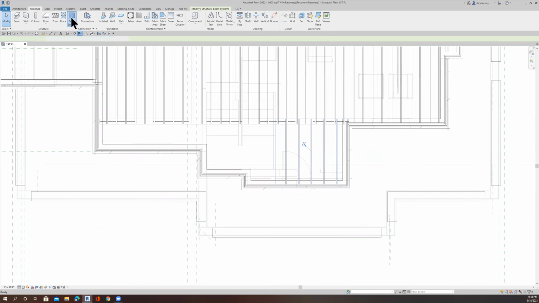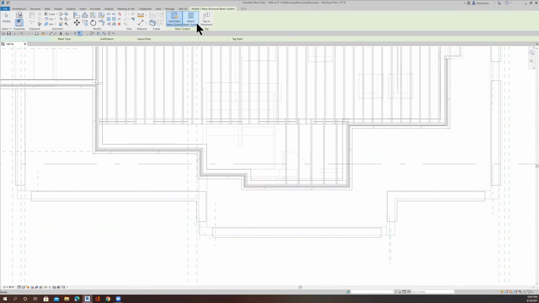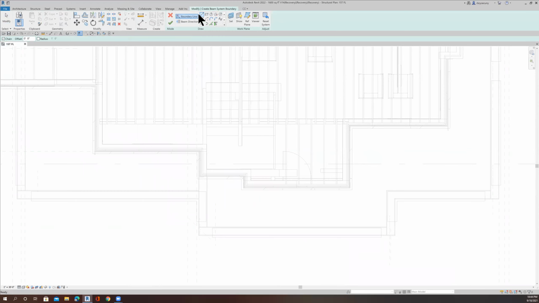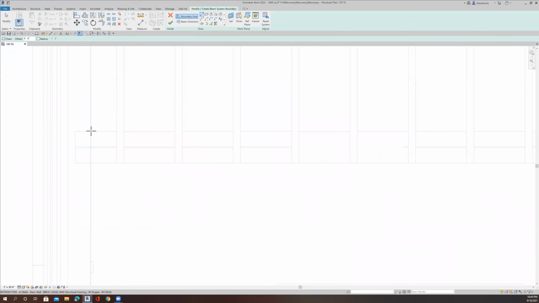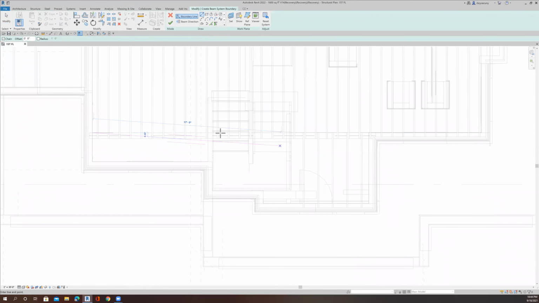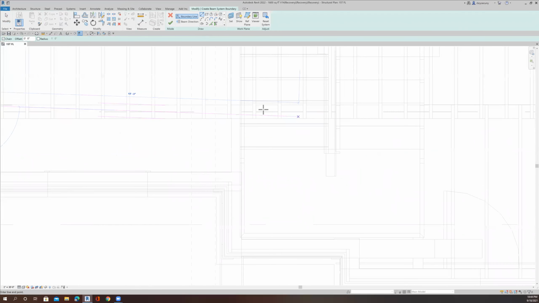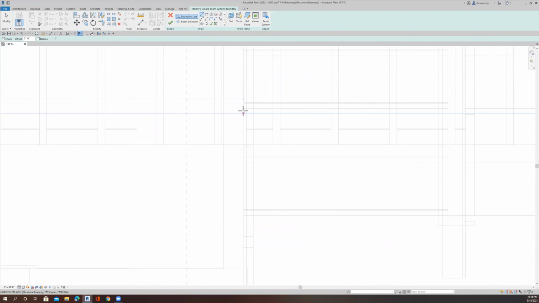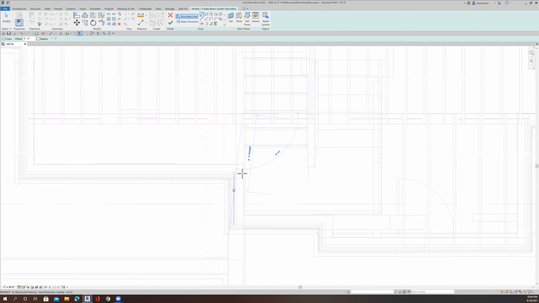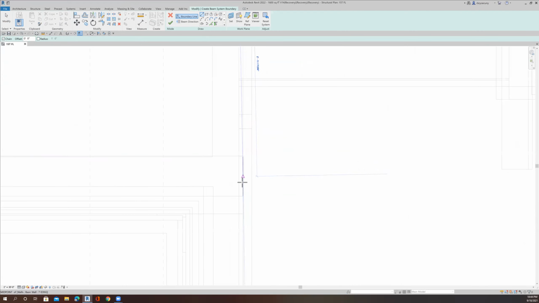All right, so now we're going to go back to structure and we're going to beam system and we're going to sketch. And all right, let's just draw from here. Now that's going to, because that's my first line, Revit will think that I want that to be the span direction. So I'll have to fix that too, but that's all right.